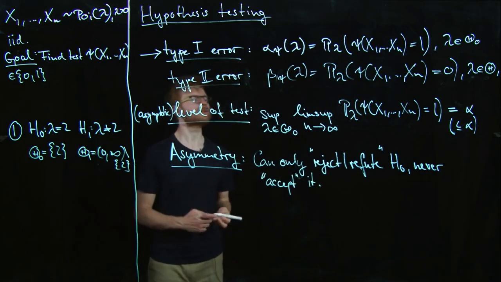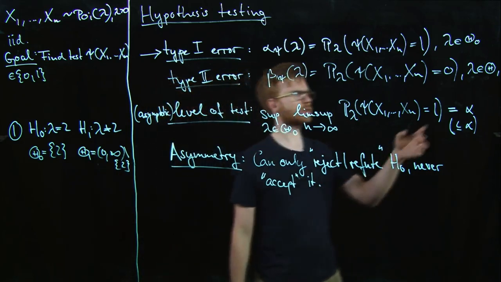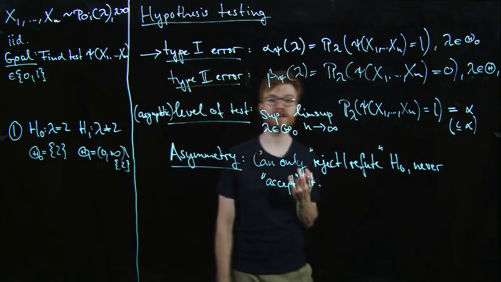So why is this? Because essentially, if we want to be really certain, so what's a common level of alpha? Let's say alpha is 5%.